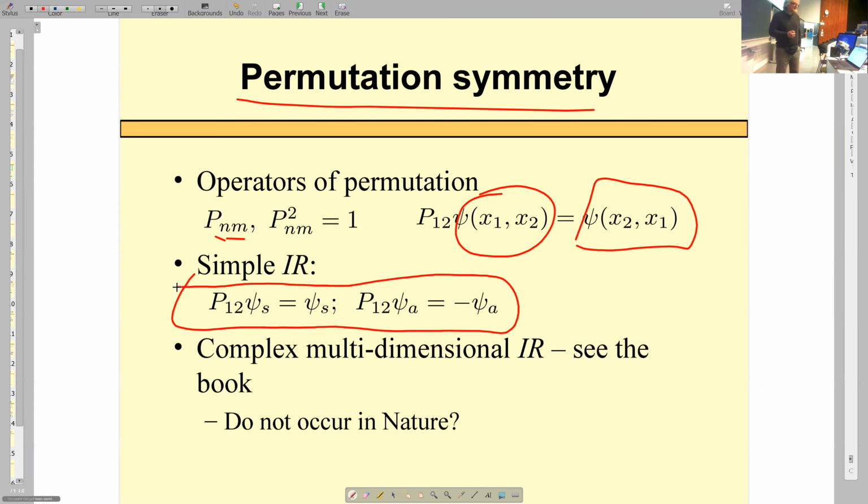Second possibility, you do it to the wave function and it flips the sign. Why does it flip the sign? If I apply it twice, I would have to get 1 anyhow. So that means that minus 1 squared is 1.